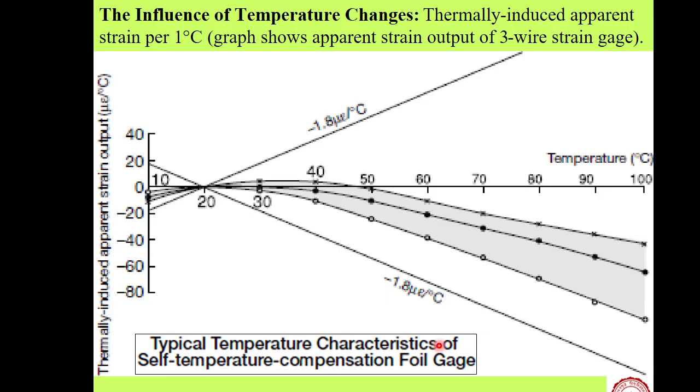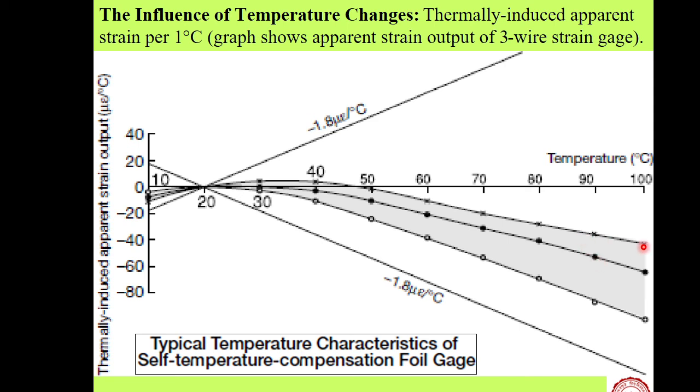Then this is a special type of strain gauge where the gauge has a minimal effect of the thermal field, or say the change in gauge resistance due to change in temperature, that is shown here.